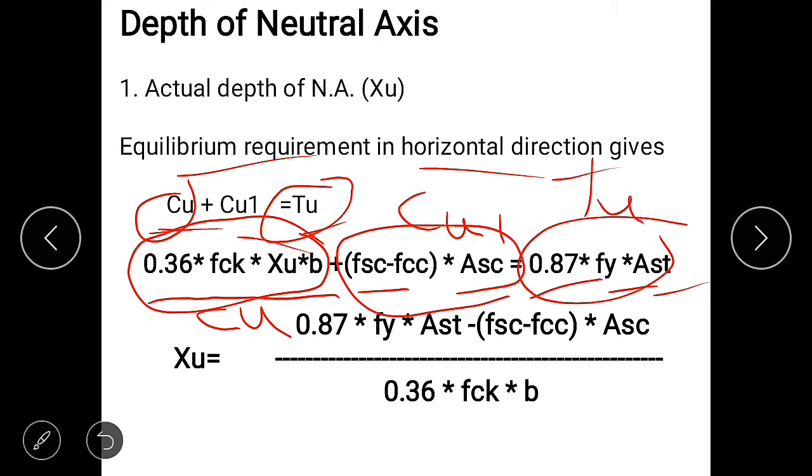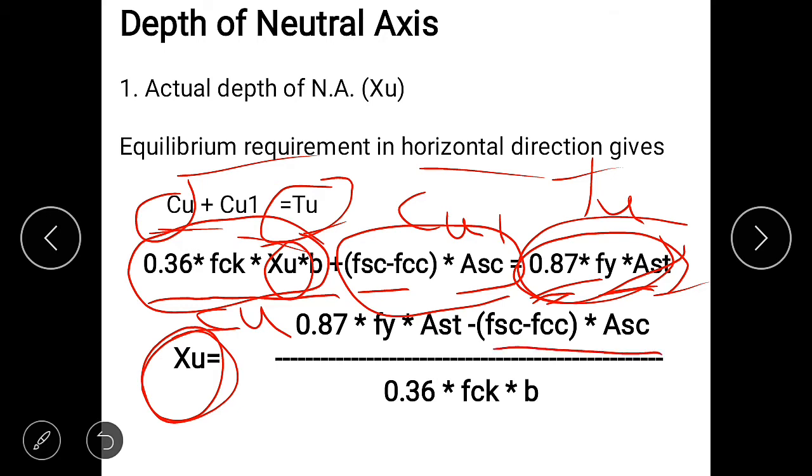So here you have to calculate xu, depth of neutral axis. So 0 is equal to 0.87 fy into Ast minus (fsc minus fcc) into Asc, bracket close, divided by 0.36 fck into b.